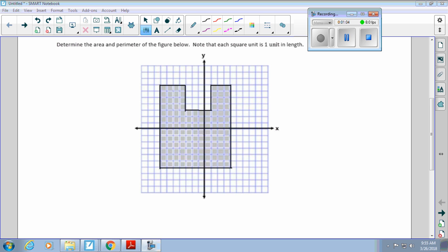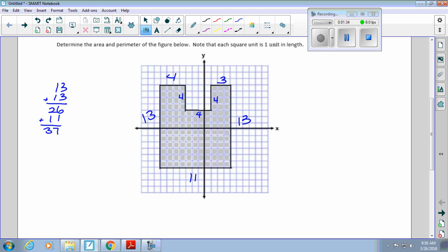In this case, we have a side length of 11, 13, this side's 13, 4 here, 4 here, 4 here, 4 here, and 3 up here. So what you need to do is add these all together and be careful with your calculations so that you get the right answer. So I'm going to do 13 plus 13. That gives me 26. I'm going to add this 11 to it. That's going to give me 37.